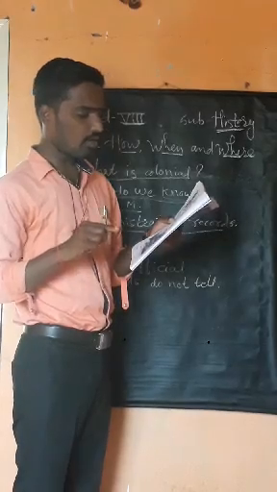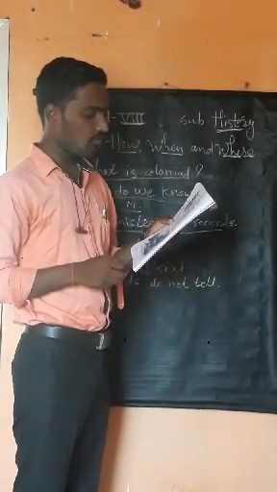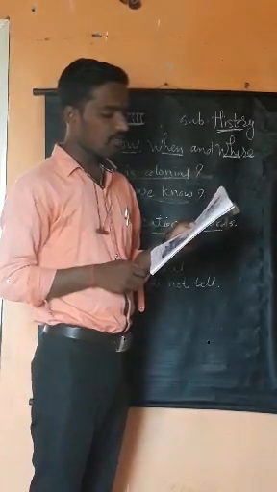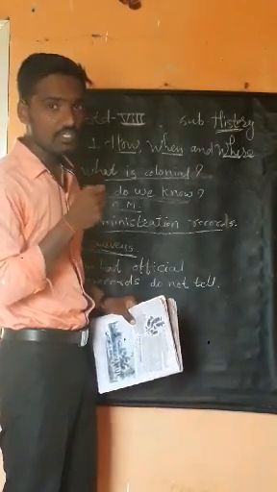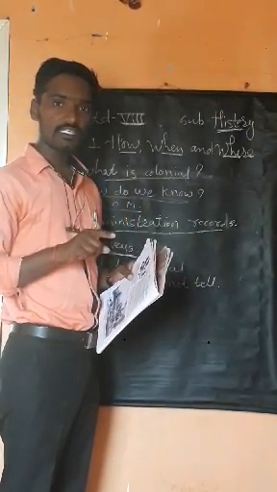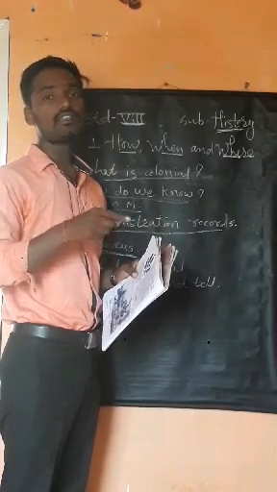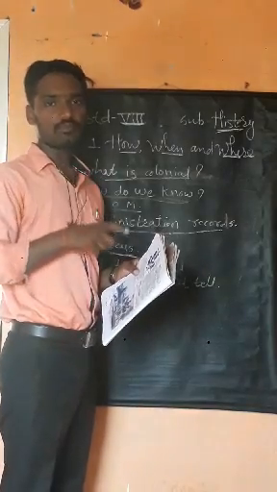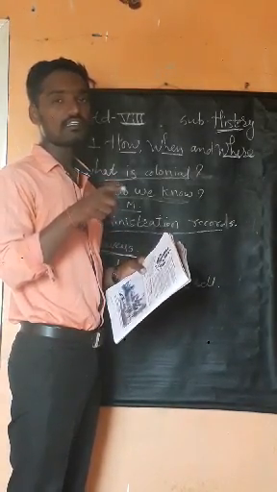From the end of the 19th century, census operations were held every 10 years. The census was started by the British government late in the 19th century, and the period was every 10 years.